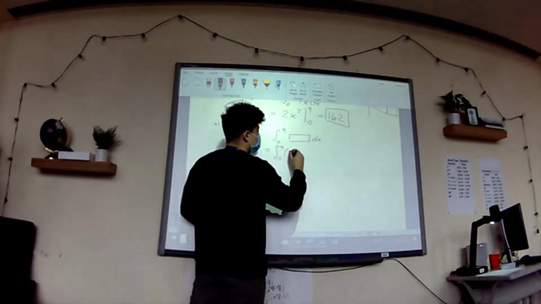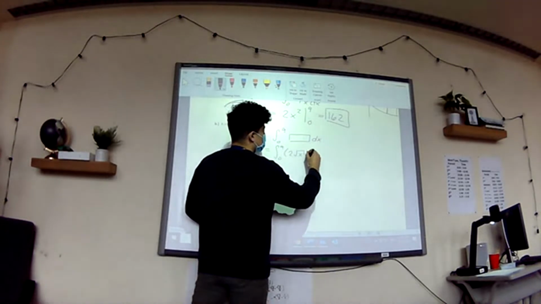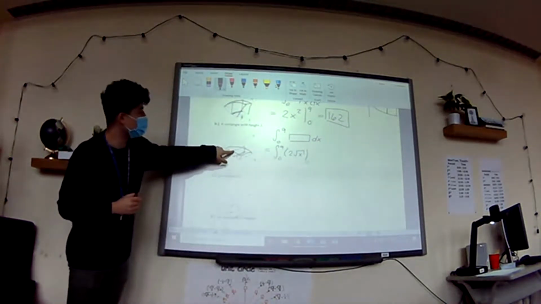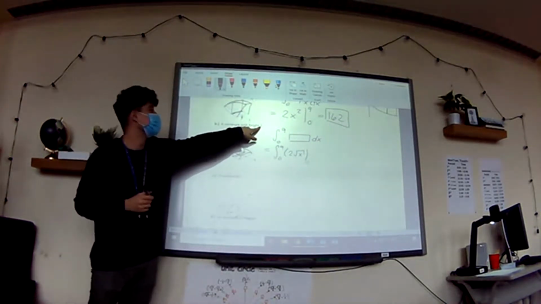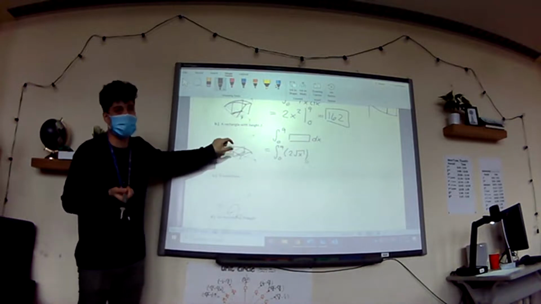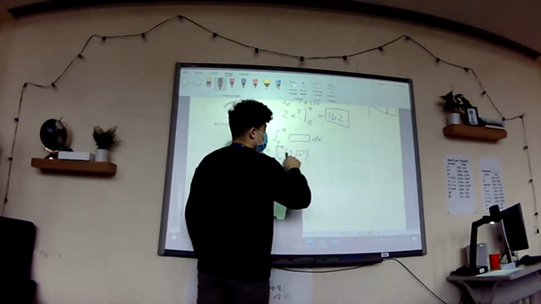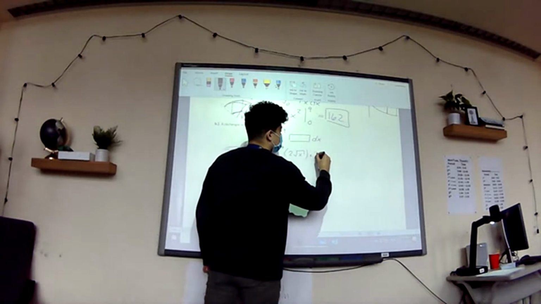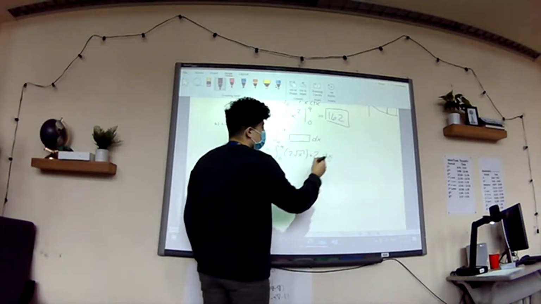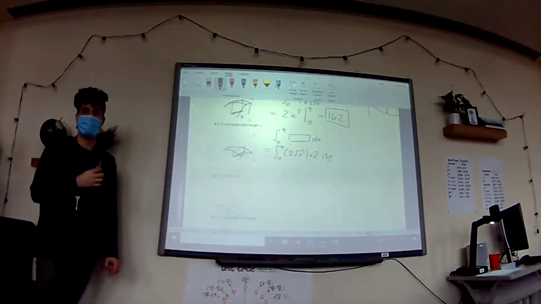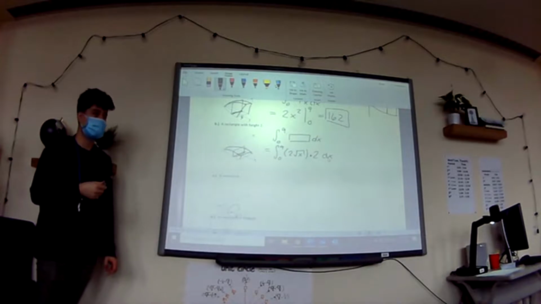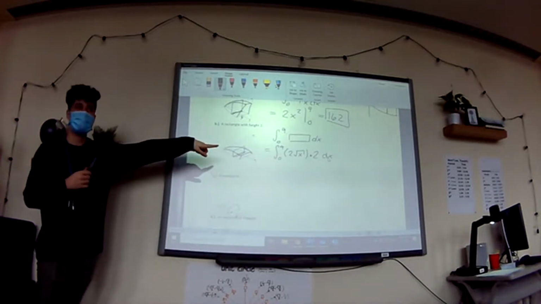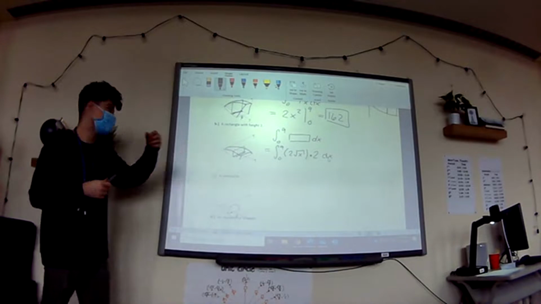Nice, good job. And then the height of it, it told us was 2. So base times height dx. Okay, you see where I'm getting all these numbers.